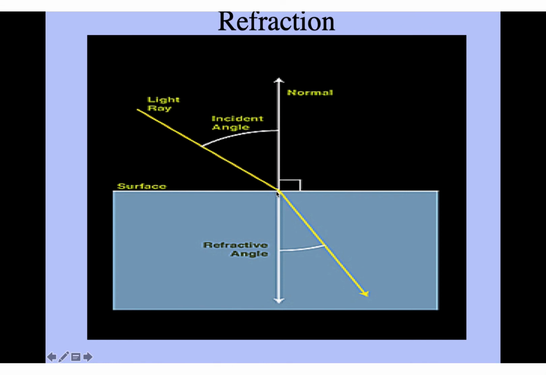Say this is glass or water, a denser material, so it causes the light to bend towards the normal. So look at the angle of refraction and the angle of incidence. The light changes speeds and that causes it to bend.